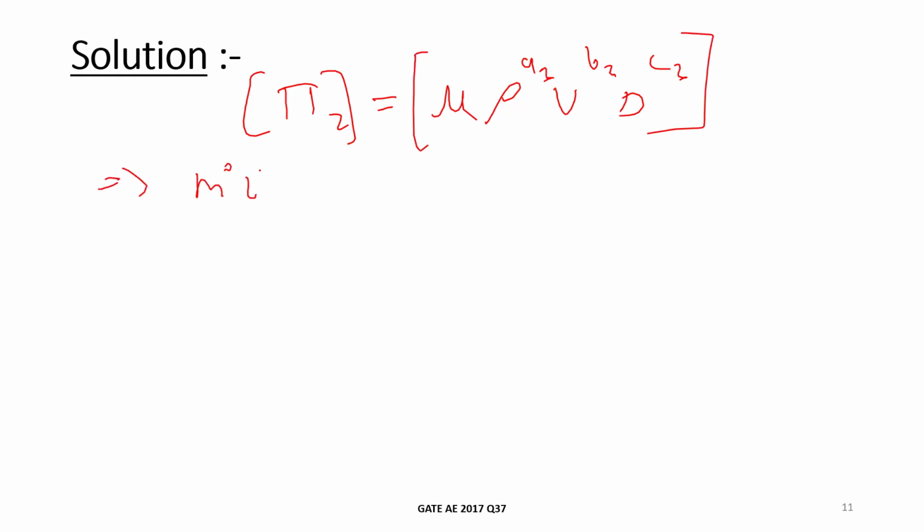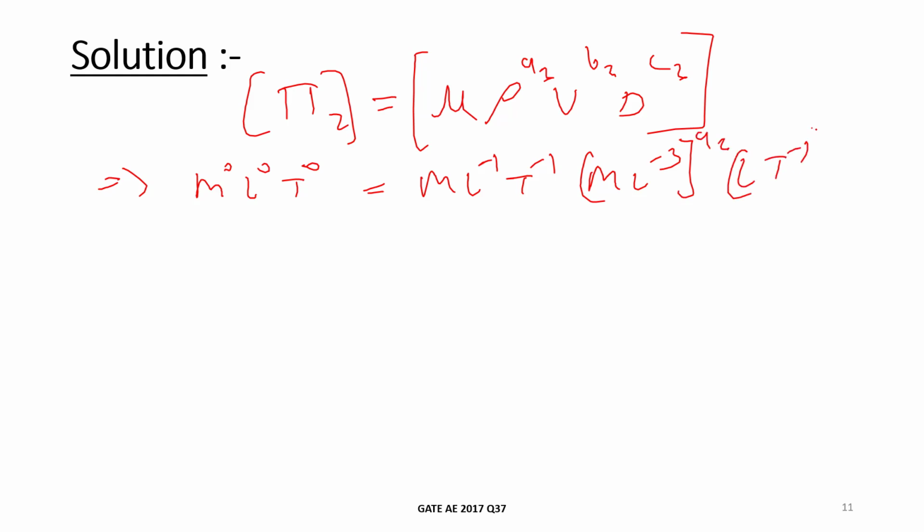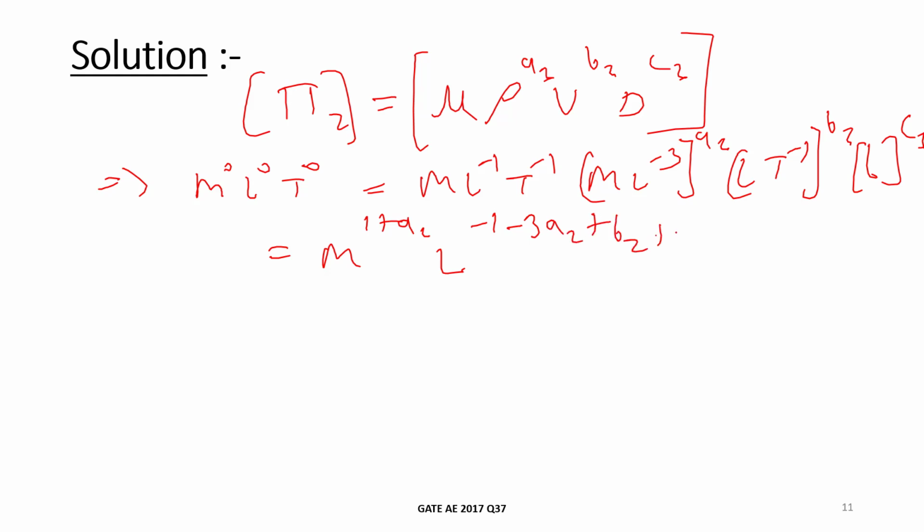For pi term it will be M0 L0 T0, and viscosity it will be M L minus 1 T minus 1, density M L minus 3, velocity L T minus 1, and diameter L. If we combine the dimensions, it will be M 1 plus a2, L minus 1 minus 3 a2 plus b2 plus c2, T minus 1 minus b2.